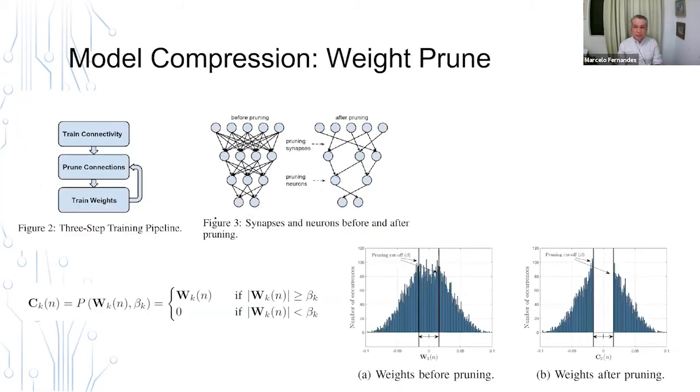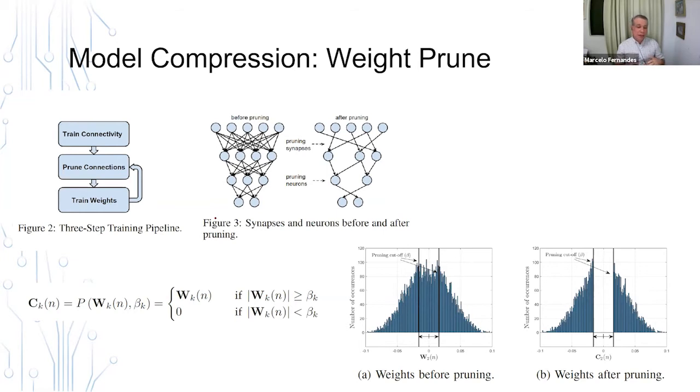And another way is weight pruning. It's another kind of model compression that we can use. Pruning is a simple strategy where we remove some connections or some neurons.